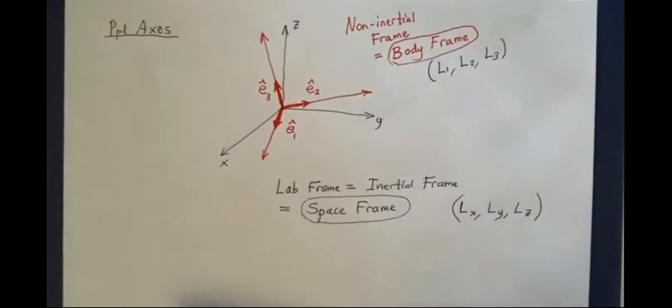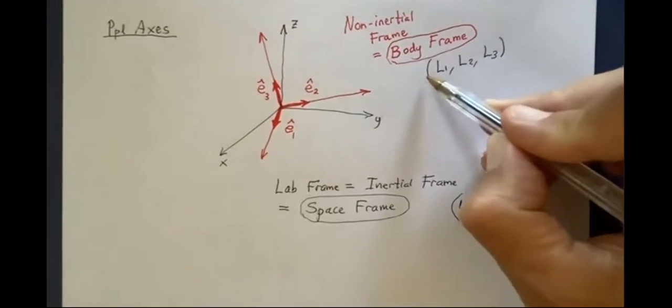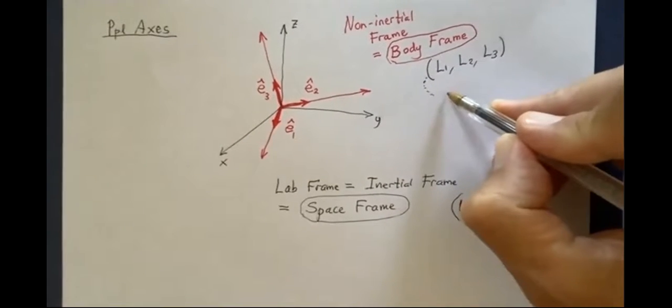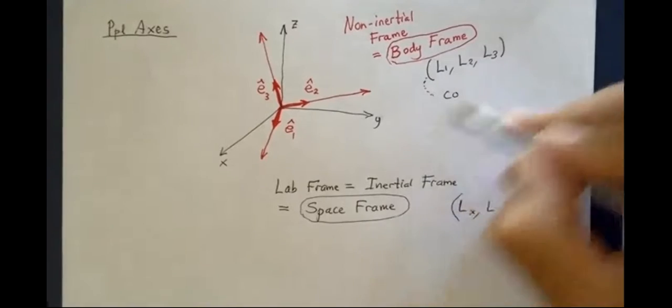Okay, and the fundamental paradox that people often ask is, well, in the body frame, the body is motionless, so the angular momentum would be 0. Okay, it's true that in the body frame, the body is motionless. But what we're talking about here is the angular momentum. So this is computed in the lab frame, so computed in the space frame.